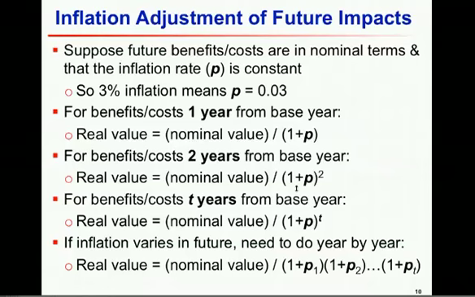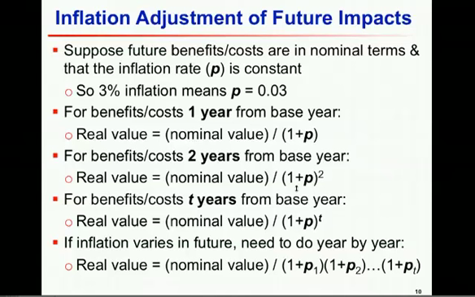In that case, you have to adjust for inflation. So suppose we have a constant inflation rate of 3%, which would mean that P in this case is 0.03. Remember that nominal equals real times 1 plus P, which would mean that real equals nominal divided by 1 plus P. So for benefits or costs that are 1 year from the base year, if we're given nominal values, we divide by 1 plus the inflation rate.